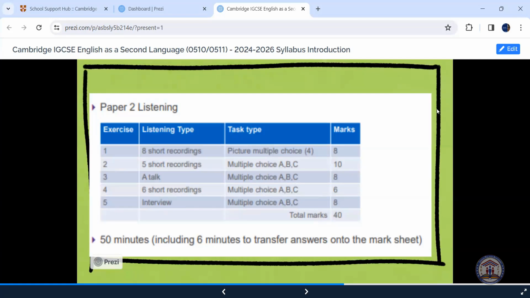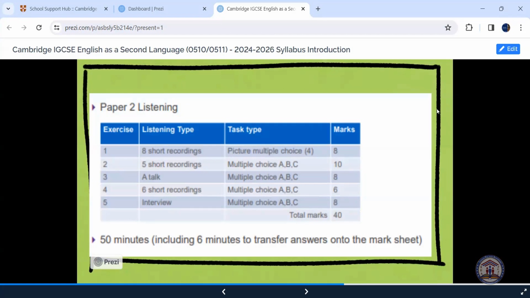The student has to choose the picture that refers to the audio track, or that answers the question in the audio track, or that meets the description he heard in the audio track. So 8 short recordings with 8 picture multiple choice questions.